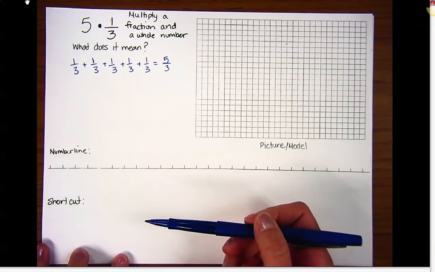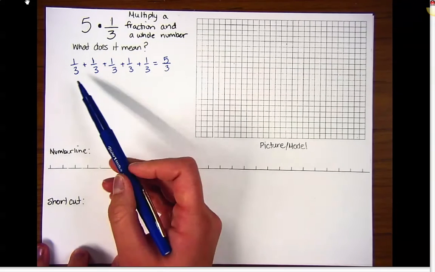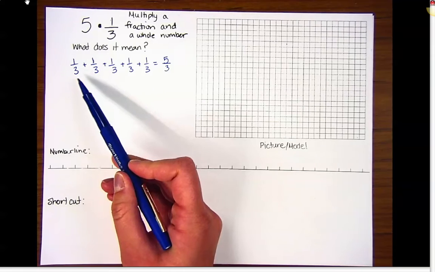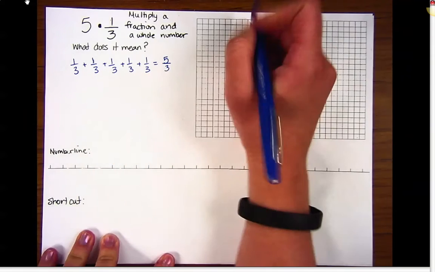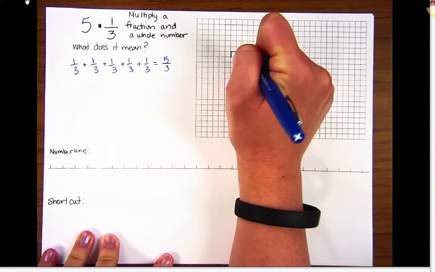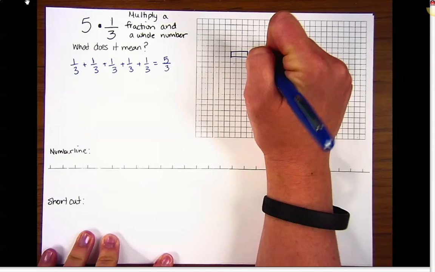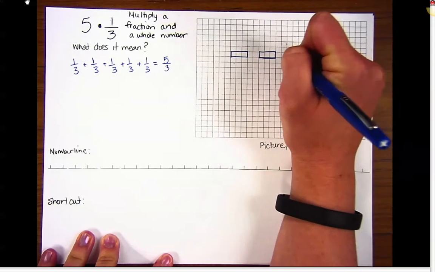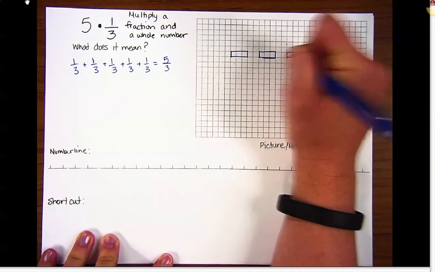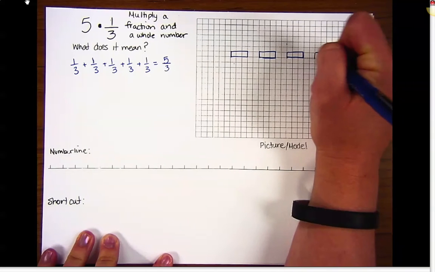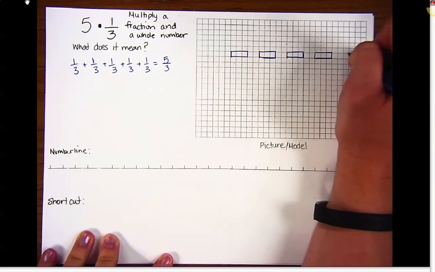All right, so let's draw a picture. I'm going to do kind of the same thing. I'm going to draw 5 sets of 1/3. 1, 2, 3, 4, and 5.